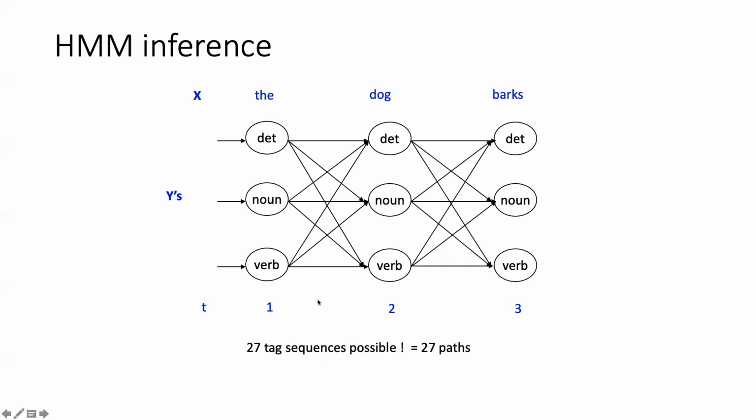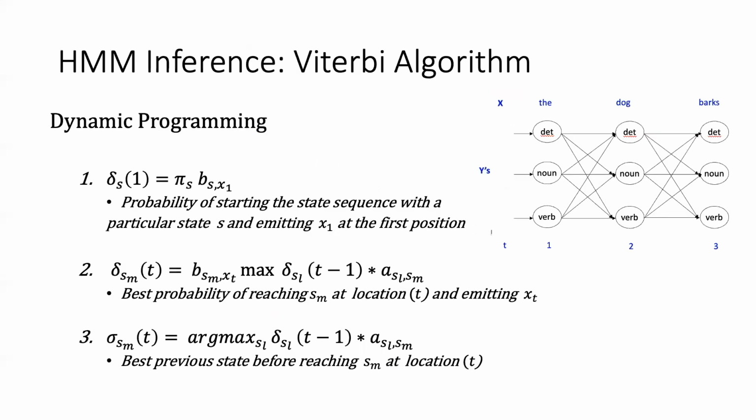So in order to do it efficiently, what we use in HMMs is Viterbi decoding, which is popularly known as dynamic programming. In order to perform the inference, first let's define deltas.